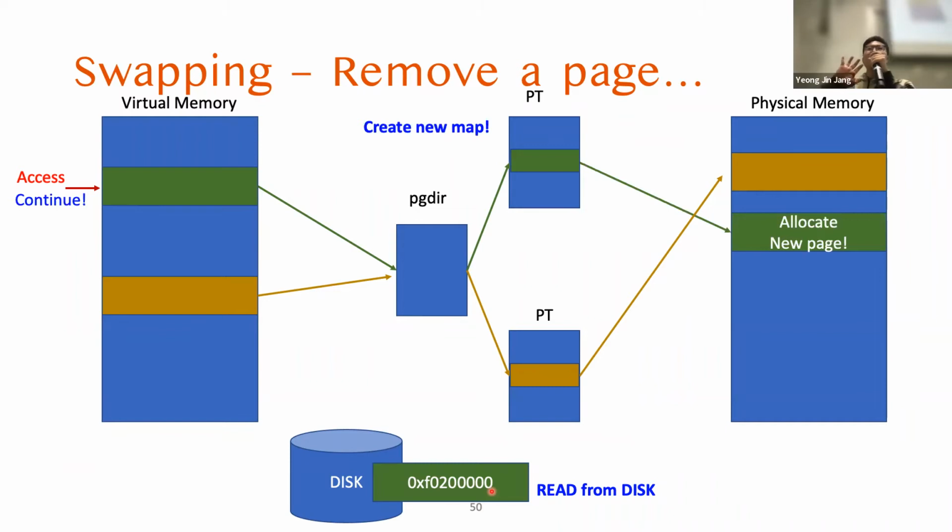The application will transparently feel that, because the application doesn't know what's happening in the operating system, and it will just return. But from their viewpoint, the virtual address is the same. They don't know about the internals of the page directory table and physical memory. So what they will see is seamless loading of the page from the disk, and they don't even know whether that page was swapped out to the disk or not.